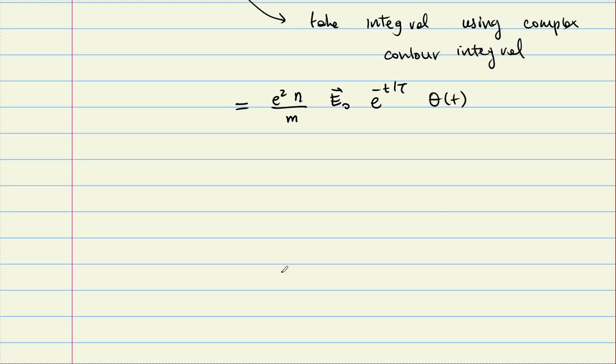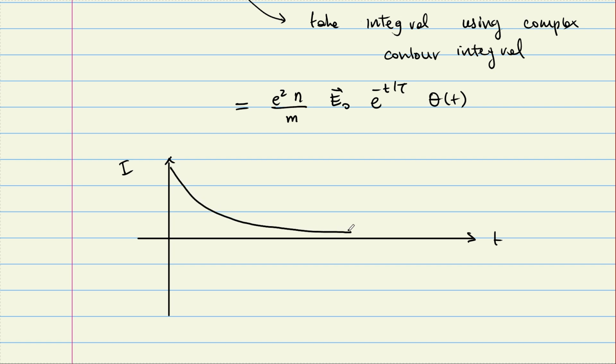And pictorially, what this means is, this one is J, let me draw the axes, this one is t. So this thing starts at 0 and decays exponentially like this. So if you turn on the electric field and turn it off immediately, there will be some current flowing through the sample, but it is going to decay exponentially, and the decay rate is going to be proportional to 1 over tau.